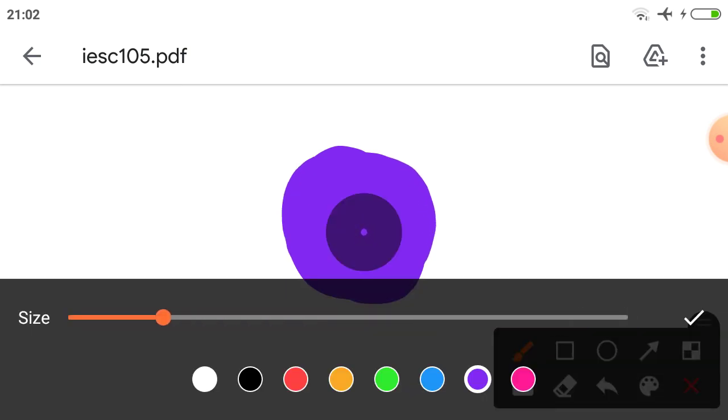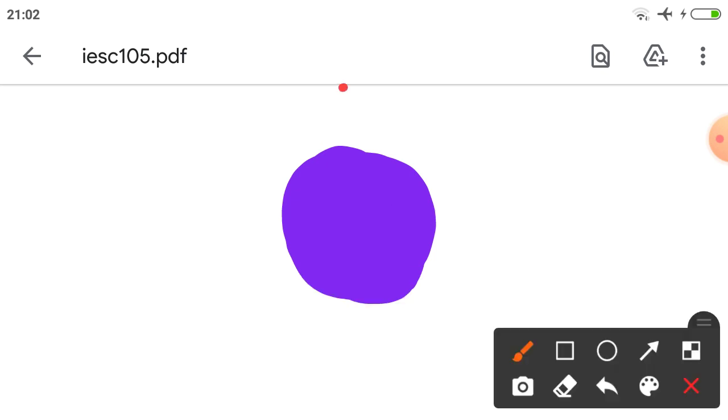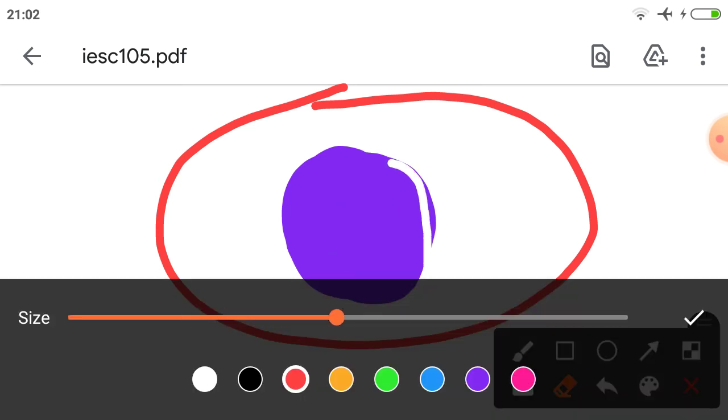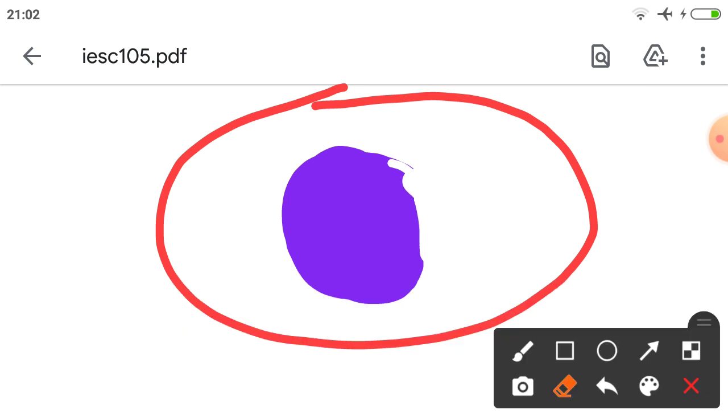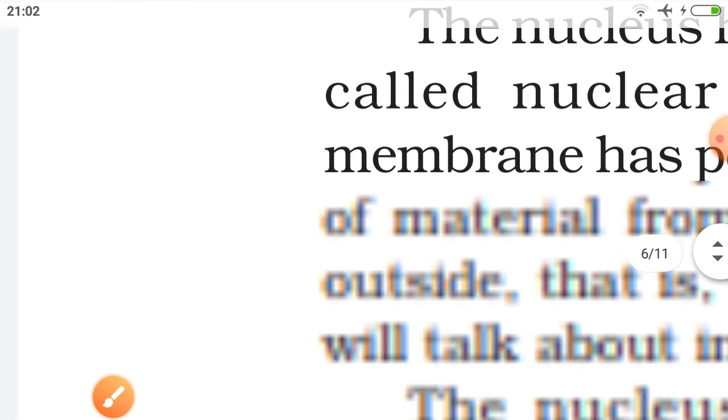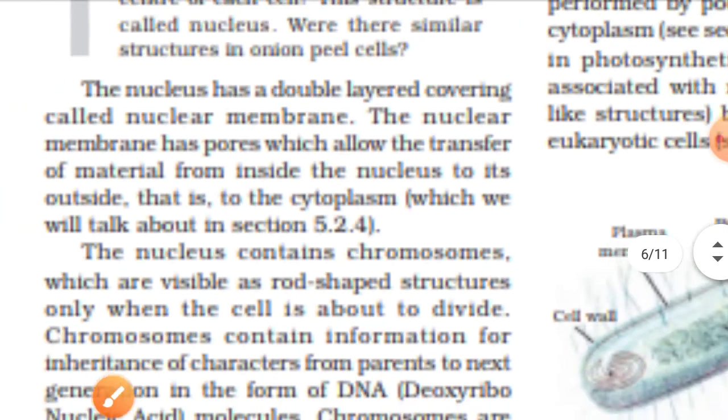I have already told you that the nucleus is the brain of the cell, and when the cell has to divide, the nucleus tells the centrosome to get divided. So nucleus plays a very important role in cell division.